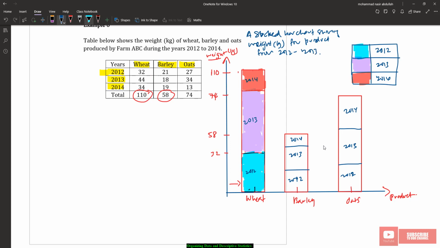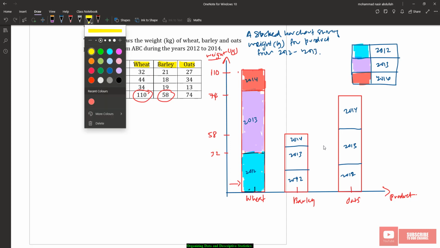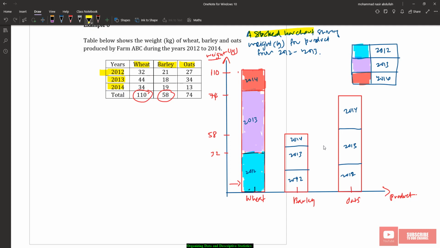So apa yang ada dekat sini, nampak tak? So we have a type of graph. We have the variable involved, weight, product, and year. Complete. Right? So this is the element that you need to always remember, the element in title.